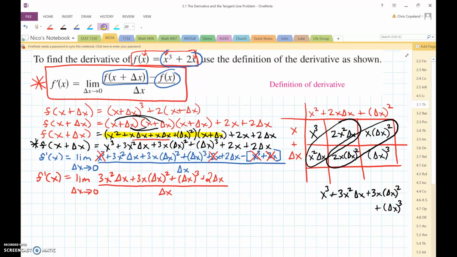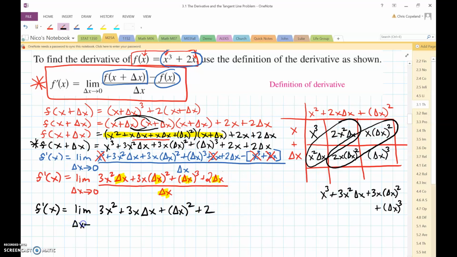Now notice that we have a delta x in each one of these terms, so I can divide the delta x by each one of those terms, resulting in the derivative of f of x equals the limit of 3x squared plus 3x delta x plus delta x squared plus 2.